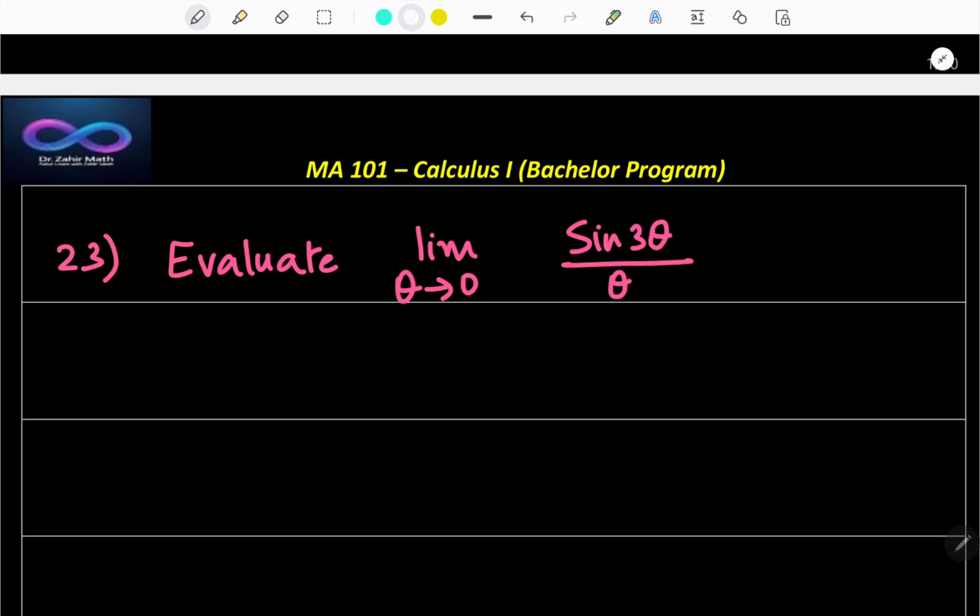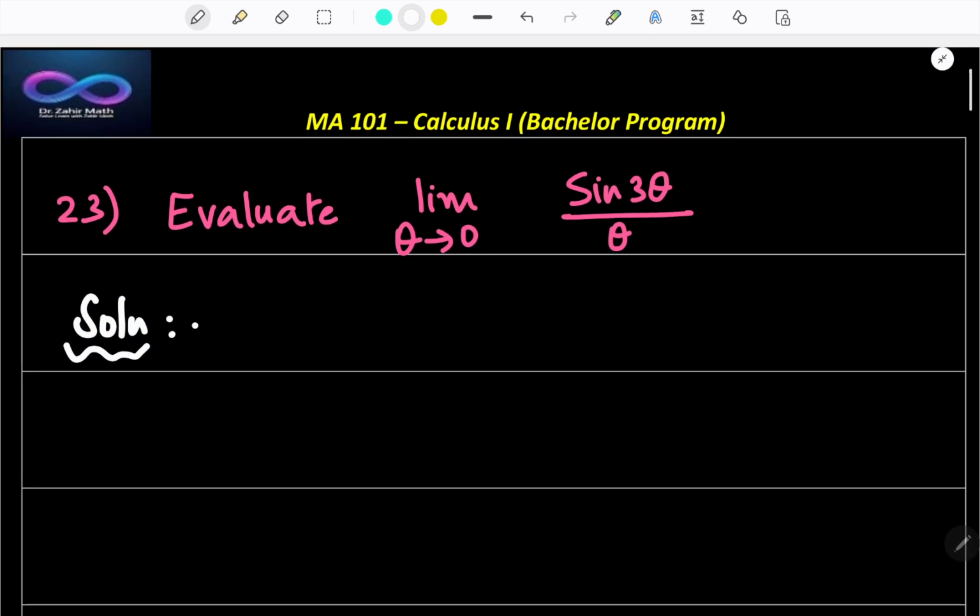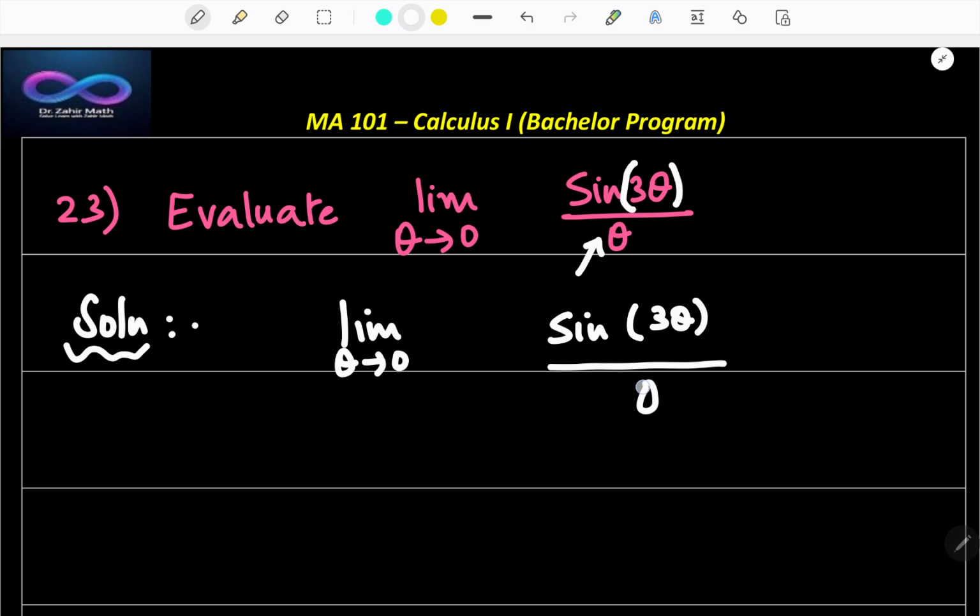Evaluate limit theta tends to 0, sine 3 theta divided by theta. Look here, what is the angle here? 3 theta. Is it 3 theta in the denominator? No. So what I'm going to do is adjust here: divide by 3 and multiply by 3.